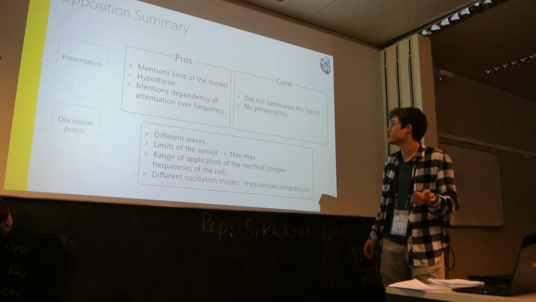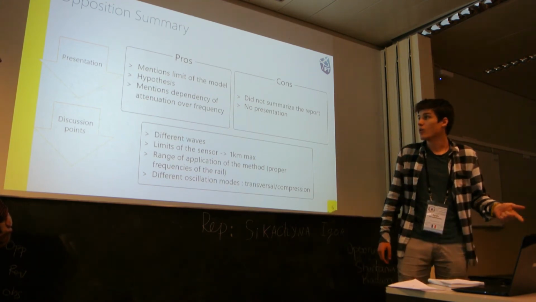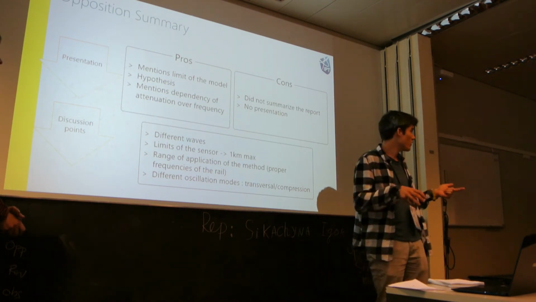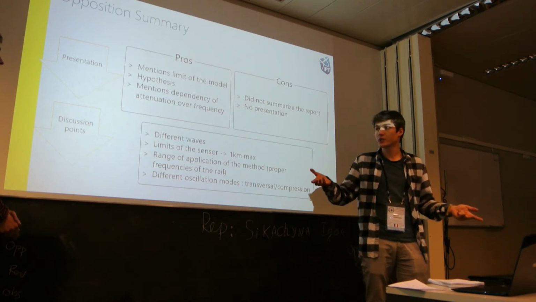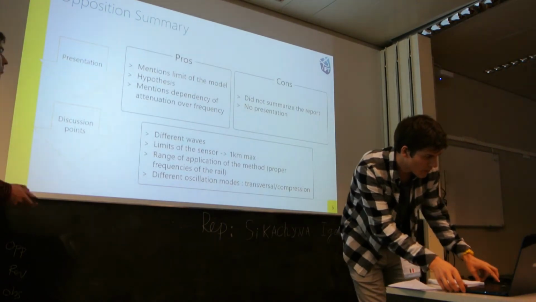It was a very good discussion, and you also discussed the hypotheses the presentation was built on. Next was the dependence of attenuation on frequency, which is very nice because in the report there wasn't any mention of attenuation.